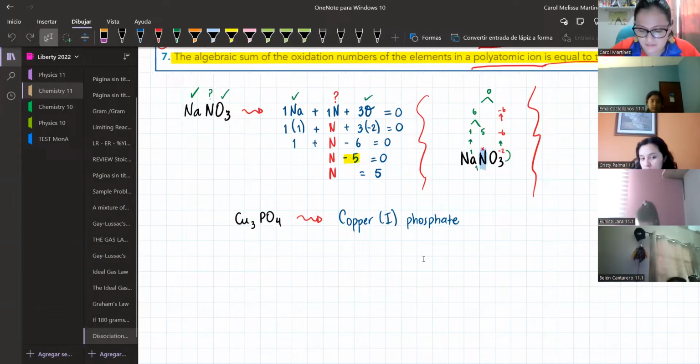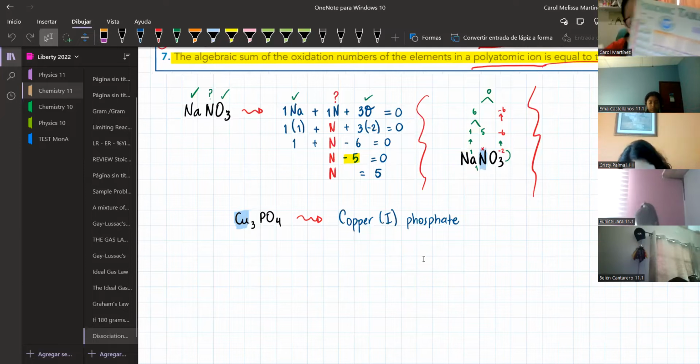Now, take a look. You have a periodic table with you that is useful. Whenever you have a polyatomic ionic compound, try to always see the metal. The metal is the one that always has the positive charge, okay?